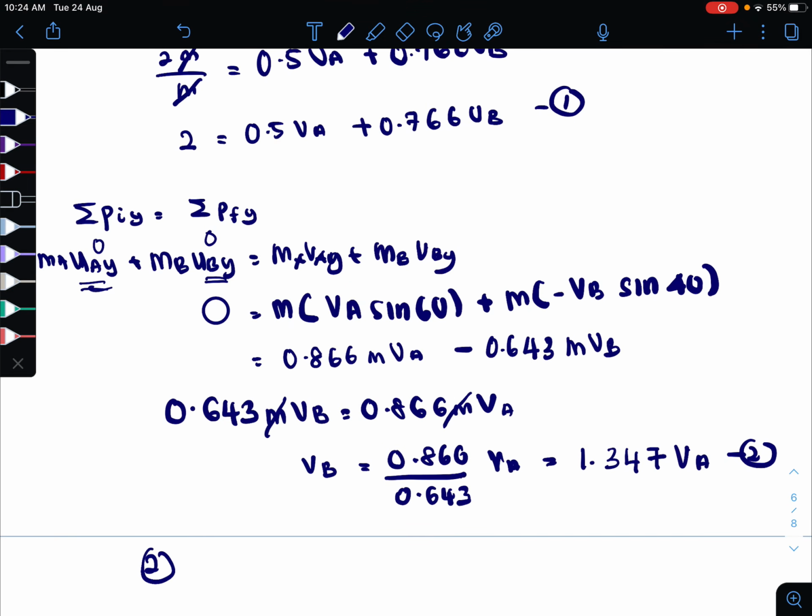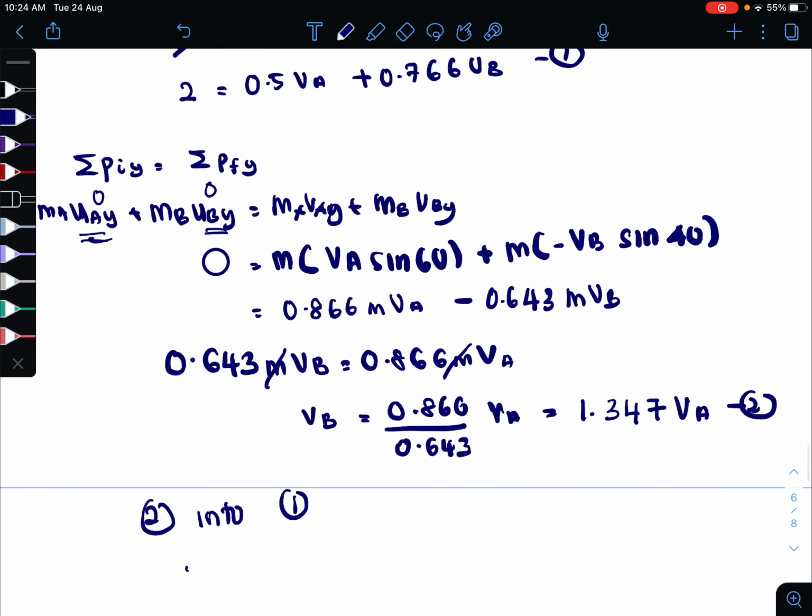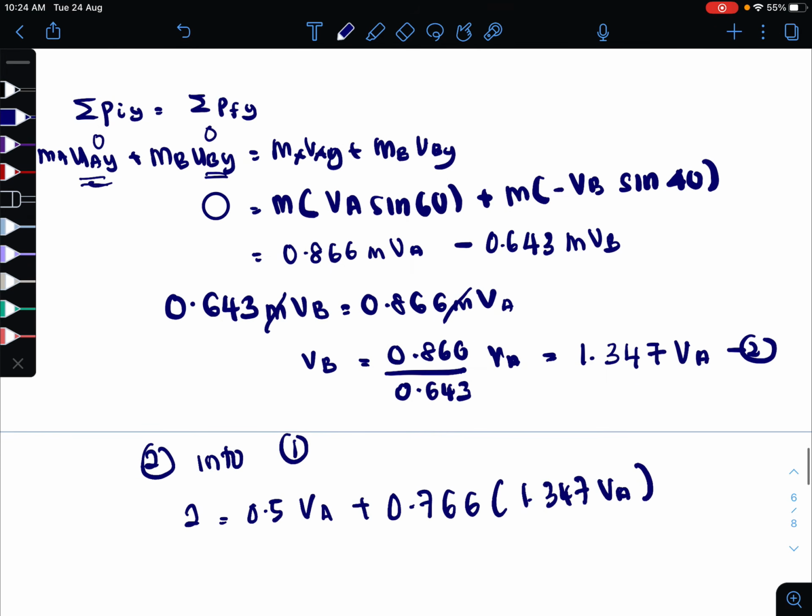So now I'm going to substitute 2 into my equation 1. My equation 1 was 2 sama dengan 0.5 VA. I do not have the value for VA. Leave it as VA. VB adalah 0.766 VB. Saya substitute 1.347 VA. Alright, then now you press your calculator. 0.766 times with 1.347.